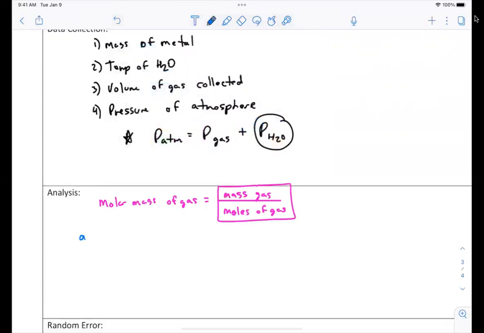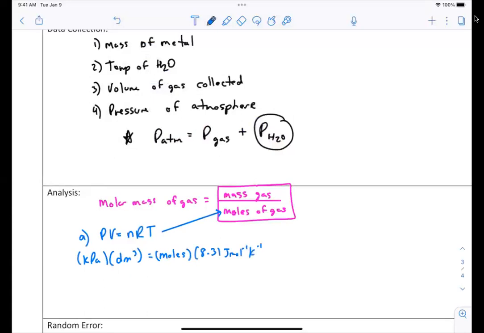So we need PV equals nRT to figure out the moles of gas we produced. So remember, pressure is in kilopascals, volume is in decimeters cubed, n is moles, R is 8.31 joules per mole per Kelvin, and temperature is in Kelvin. And that will help us solve for the moles of gas.